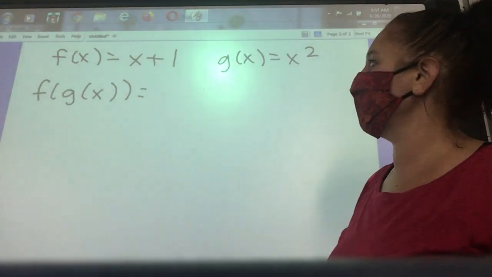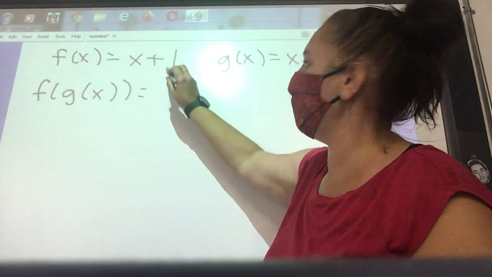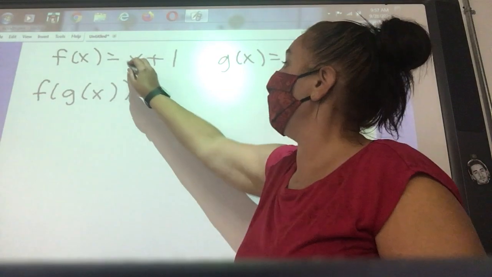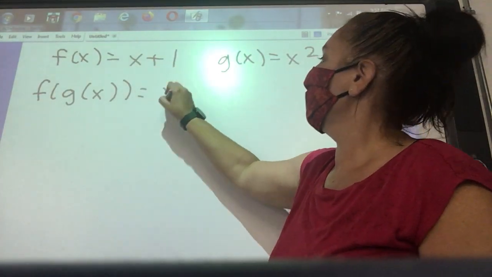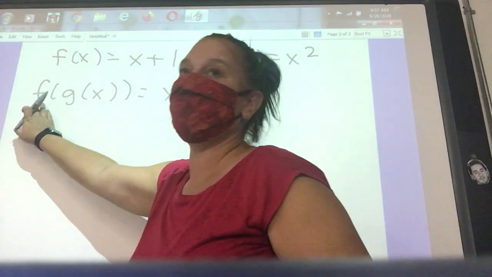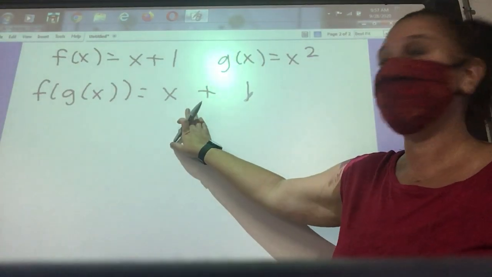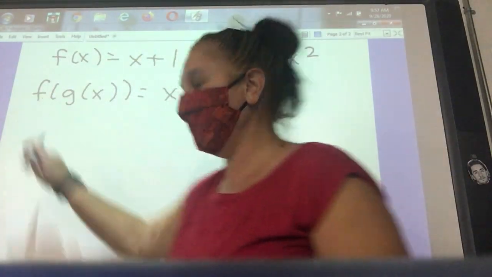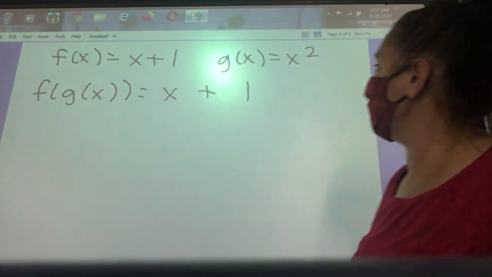Owen, what's the f function? The f function is x plus 1, but we're putting the g function into the f function. Owen, what's the g function?